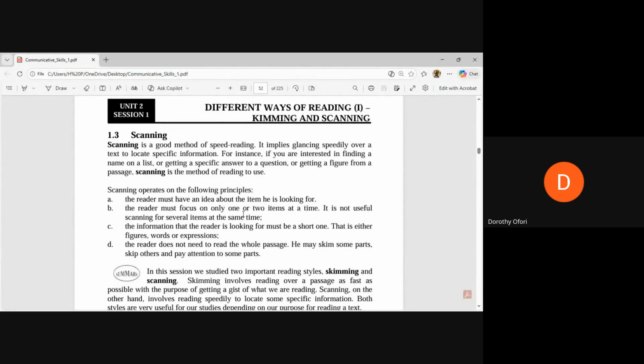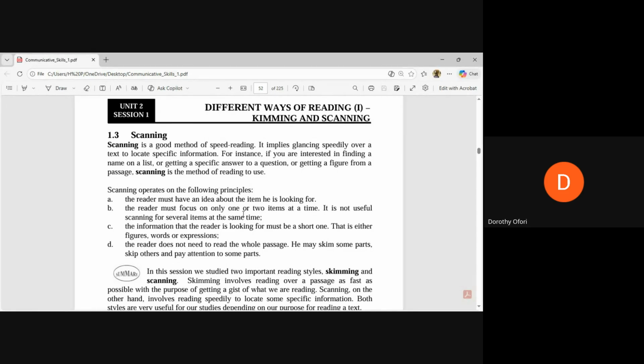Okay. Now, when we scan, we want to locate a specific information. That is scanning. For skimming, you want to get the general gist, general idea. But for scanning, you are looking for a particular answer. You are looking for a particular name, a particular date in a text.